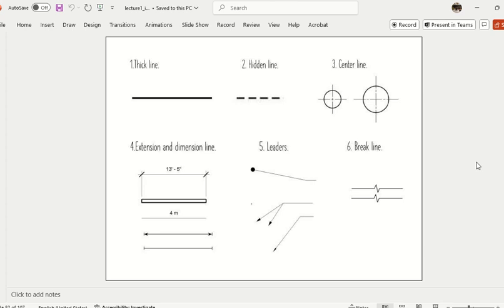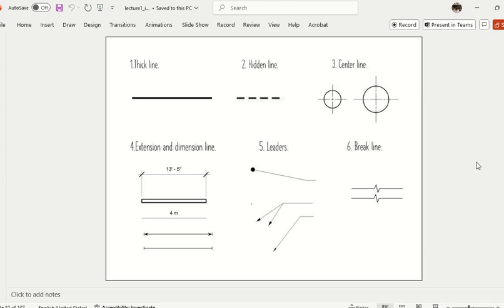What about the shape? Middle line, center line, same shape? Do they have the same shape? Number 2 and number 3. What's the difference? Both of them look dashed, but there's a difference. Yeah. Hidden is alternate dash and gap.